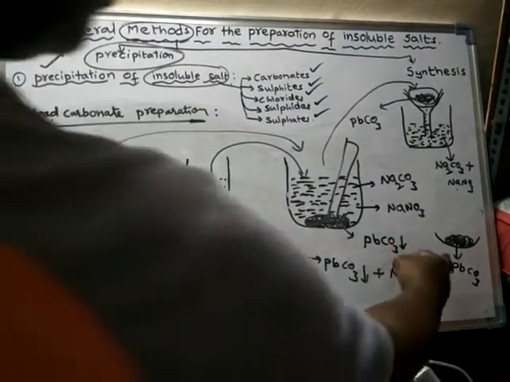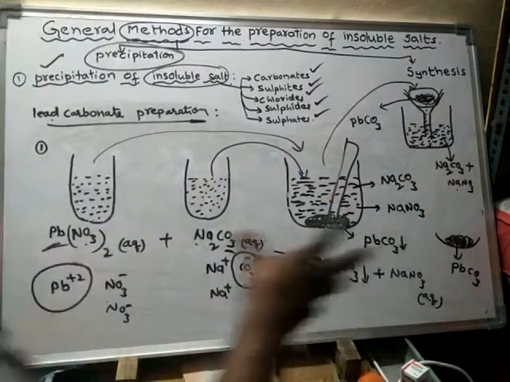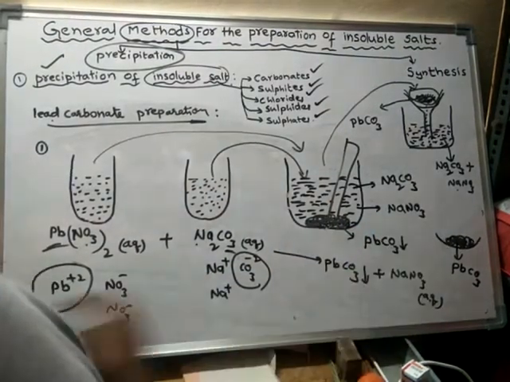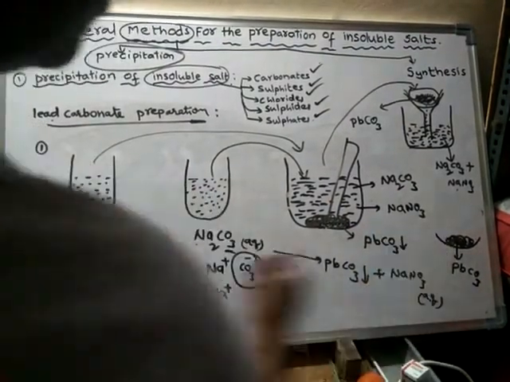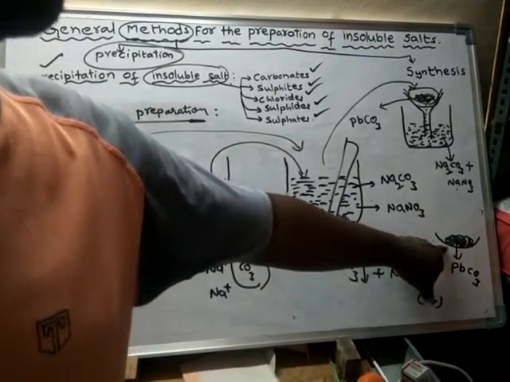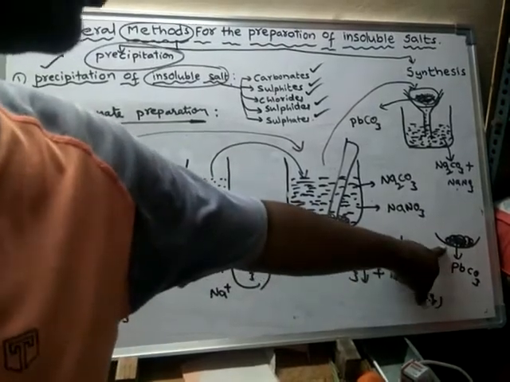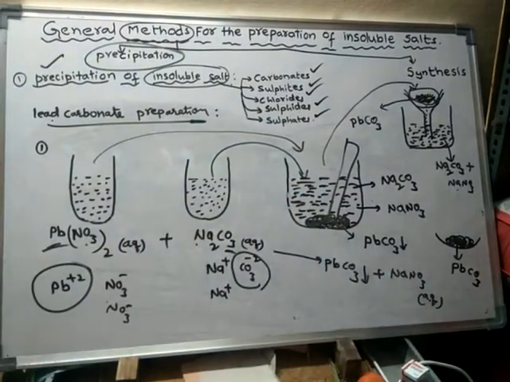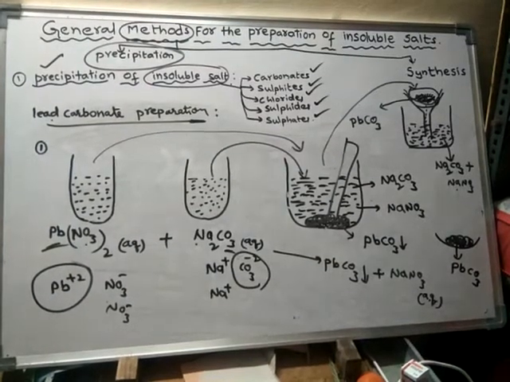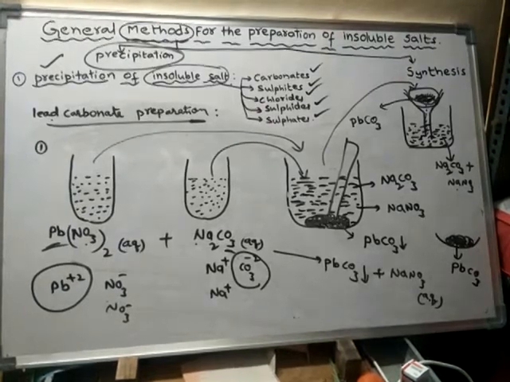Now it has moisture, so to remove the moisture, dry this wet lead carbonate so that it becomes dry lead carbonate. And now that dry lead carbonate is stored.